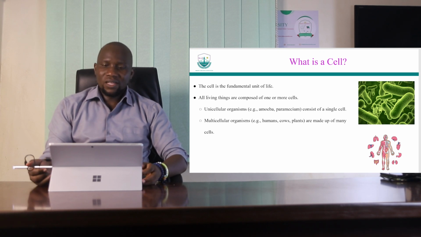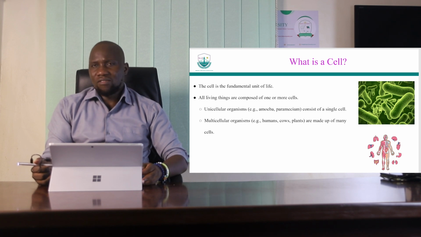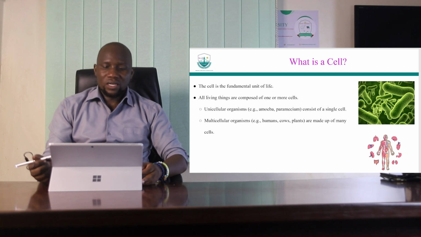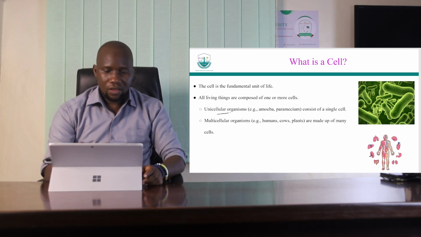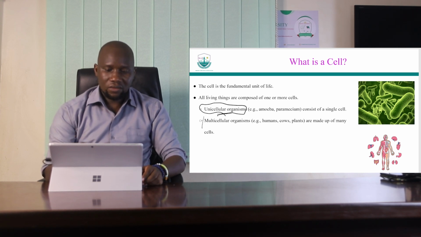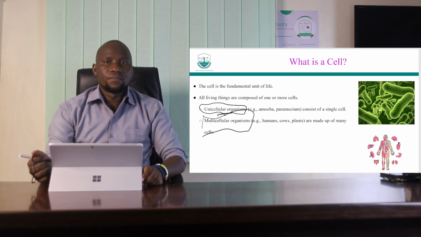We have organisms that are made up of one cell, and those that have more than one cell. Those that have only one cell, we call unicellular organisms. And those that have many cells, we call multicellular organisms.